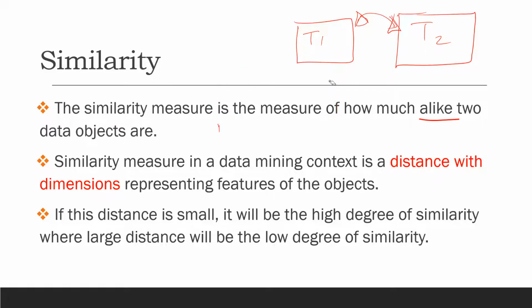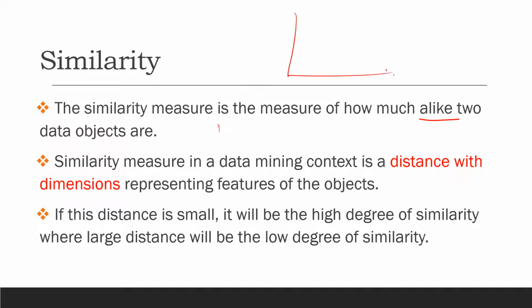Let's think about calculating the similarities between two students, with weight on one axis. For your understanding, I will put only two attributes, weight and height.